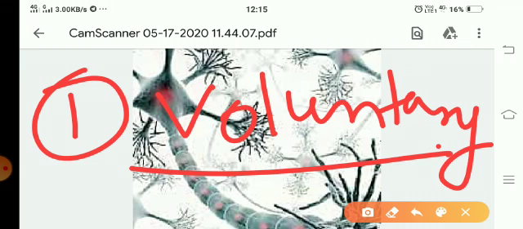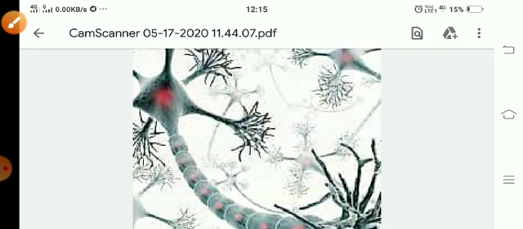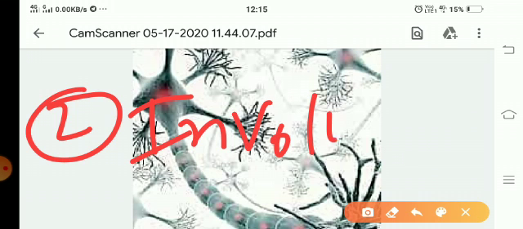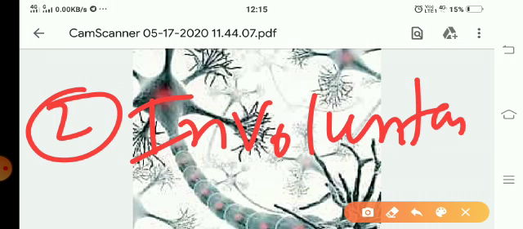Second is involuntary action. These are actions which happen without our will or choice.